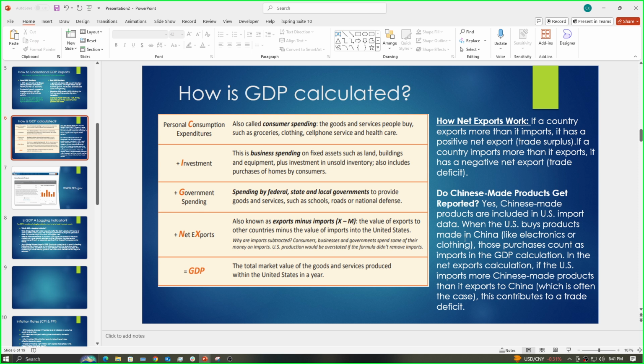Now, in the net export calculation, if the U.S. imports more Chinese-made products than it exports to China, which is often the case, this contributes to a trade deficit. So that's one of the reasons why Donald Trump wants, one of his policies is that, hey, we want it to be, that's why one of the things about Bitcoin, he said he wants it to be U.S. made, right?